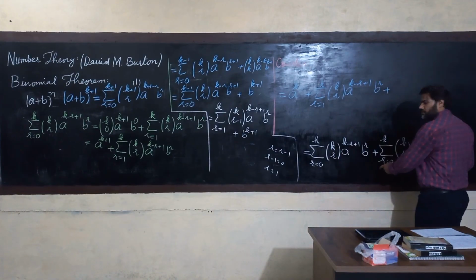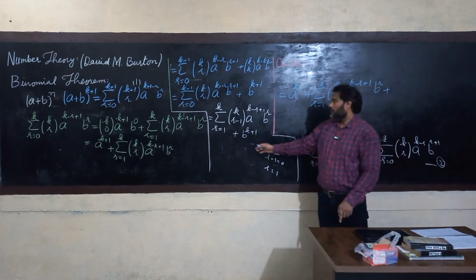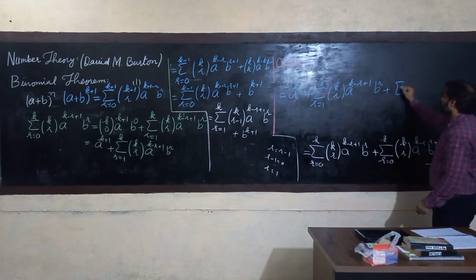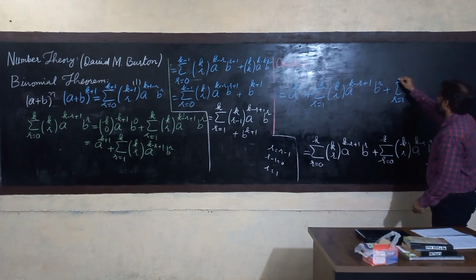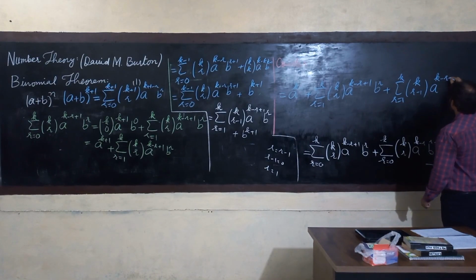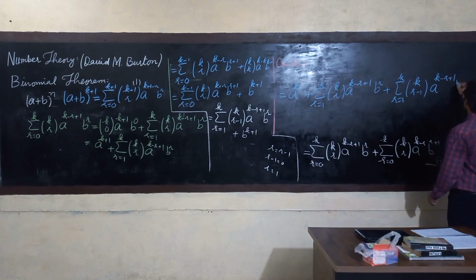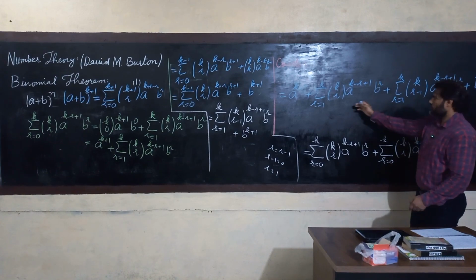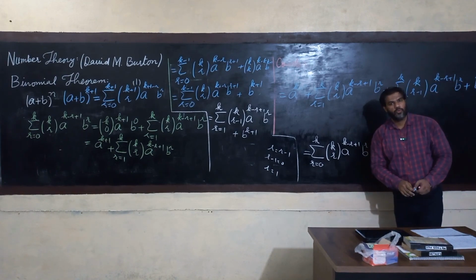And the value of this summation is equal to summation r is equal to 1 to k, k choose r minus 1, a raised to power k minus r plus 1, b raised to power r, plus b raised to power k plus 1. Now both summations start from the same value, r is equal to 1 to k.